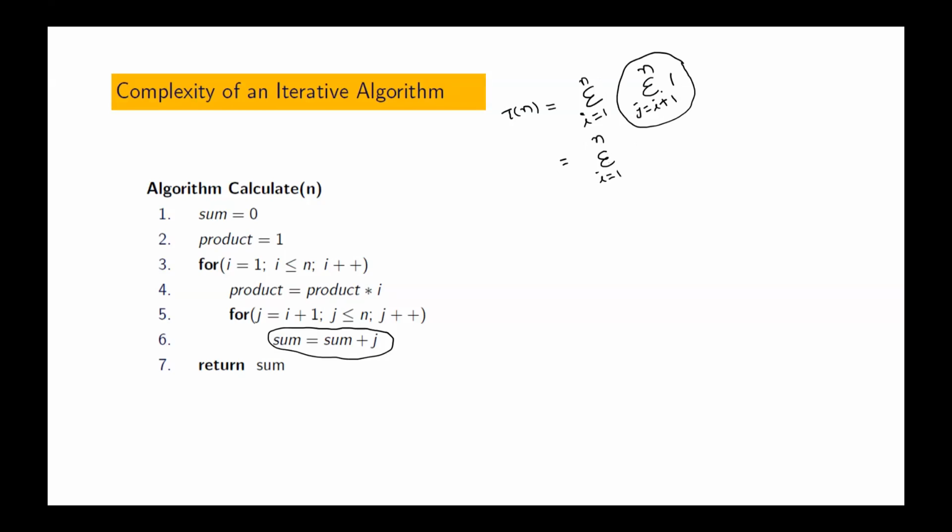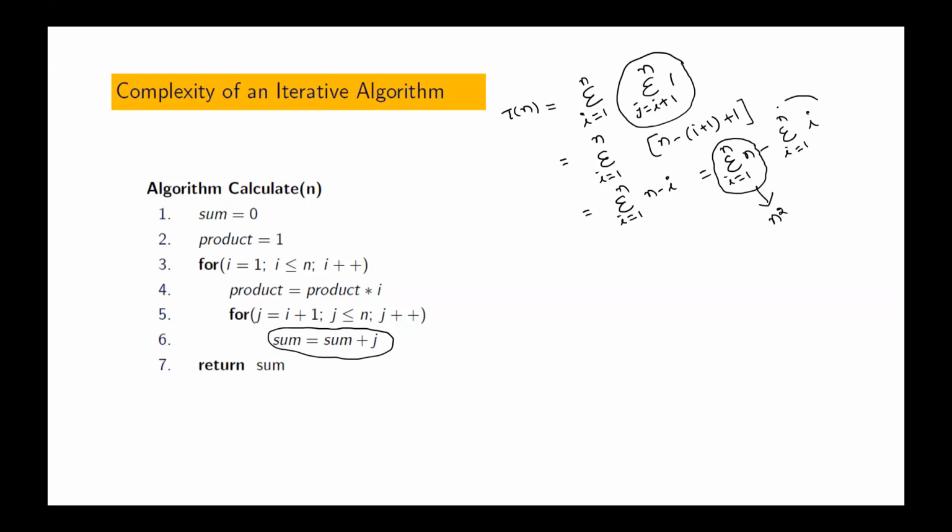Upper bound is n, minus lower bound i plus 1, plus 1. That is upper bound minus lower bound plus 1. What is this value? n minus i. This can be written as n minus sigma i equals 1 to n of i. We know this now, just now we calculated: this is n squared.